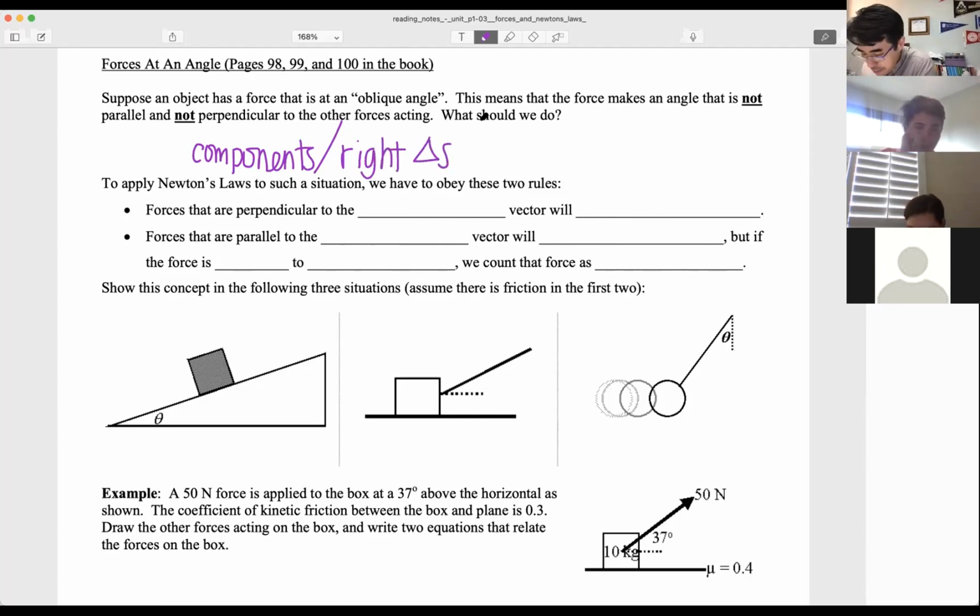So forces that are perpendicular to the motion vector, or we can say the acceleration vector, if they're perpendicular to the acceleration, they will not do work. Right? If I'm moving left and right, this thing is not going to change this motion.